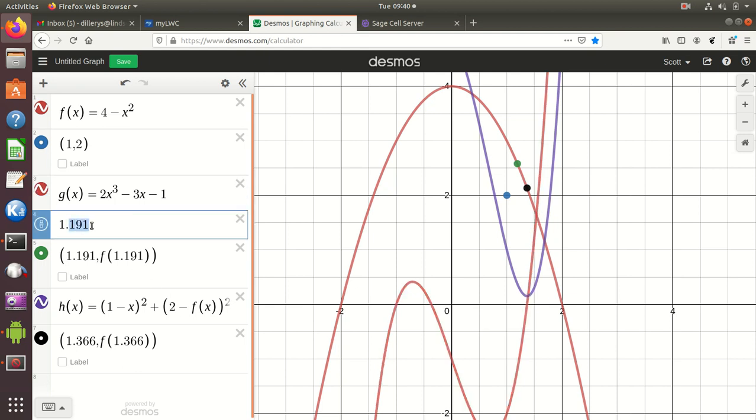I should have had 1.366 here, and then it turns into the same thing I had down there. 366 and 366. So looks much better.